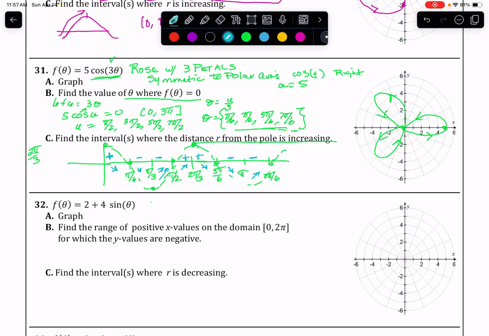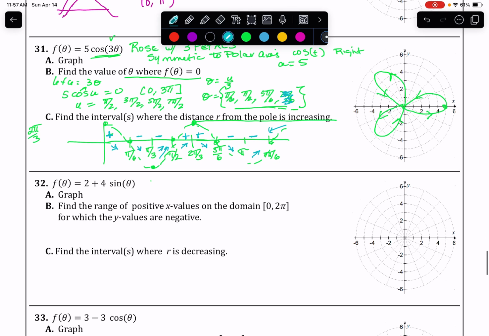Yeah, it's 2 pi, so we're going to just mark that one out. If we're wanting the zeros, this is past pi. Okay, so we want to stop where we need to stop, right? At pi.